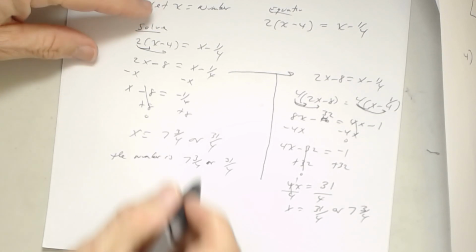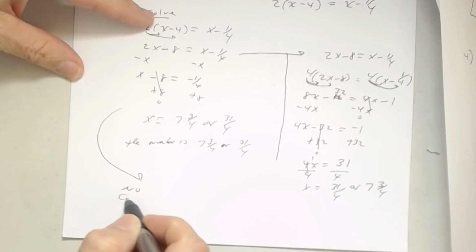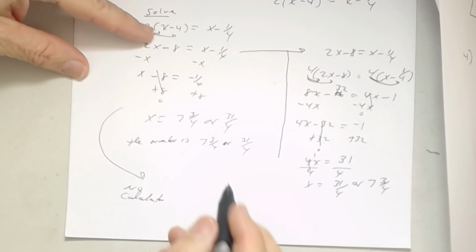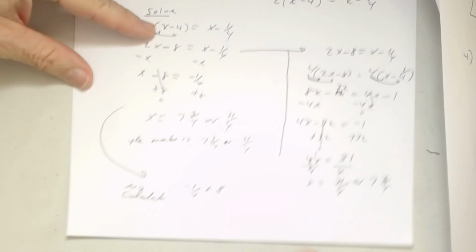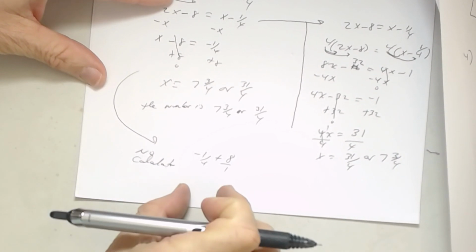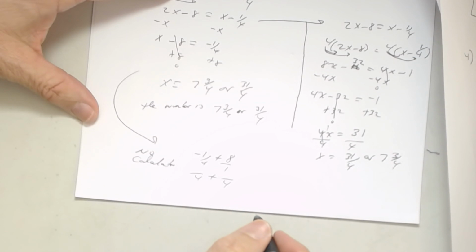Okay. Now let's go back over here, and let's suppose you had no calculator. I just want to remind you about how to deal with that. So you're adding negative 1/4 plus 8, right? First of all, you need to rewrite 8 as 8 over 1. Then you find the LCD. What's the LCD? 4. So you're going to write equivalent fractions with 4 as the denominator.